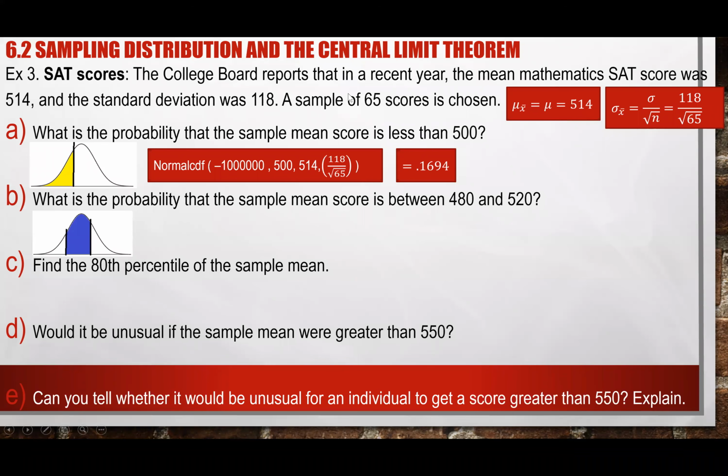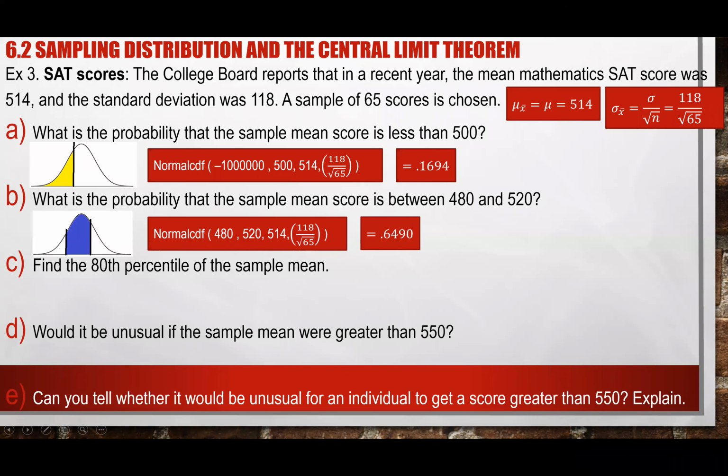And because we deal with this sample, that's why we need to use the standard error, right? So normal CDF, my lower limit will be 480, my upper limit will be 520. And again, with my mean and my standard error, if you plug it in, this is what you have, roughly 0.6490, or roughly 65% of them, right? So 65% of the 65 people.